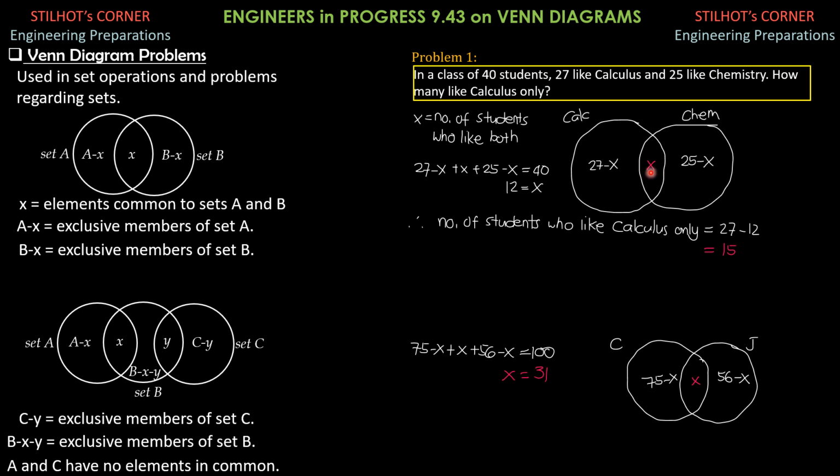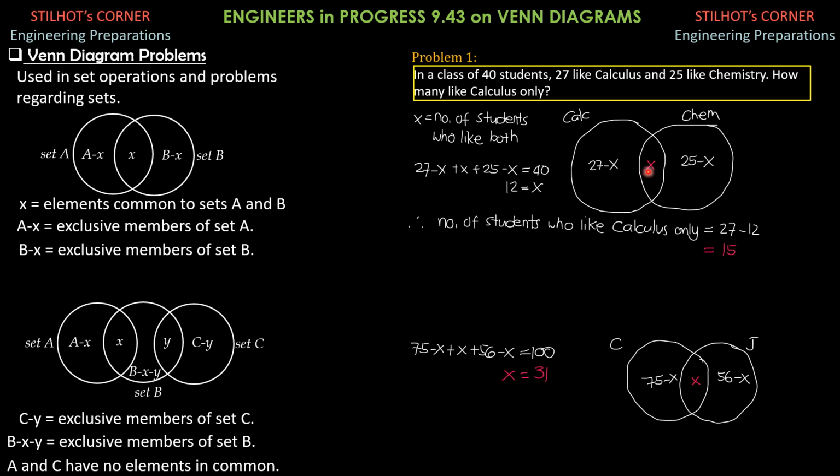So if we denote X as the number of students who like both calculus and chemistry, then those who like calculus only would be 27 minus X. And those who like chemistry only would be 25 minus X, where 27 is the number of students who like calculus. Some of them also like chemistry, of course. And 25 is the number of students who like chemistry. So that's the setting up.